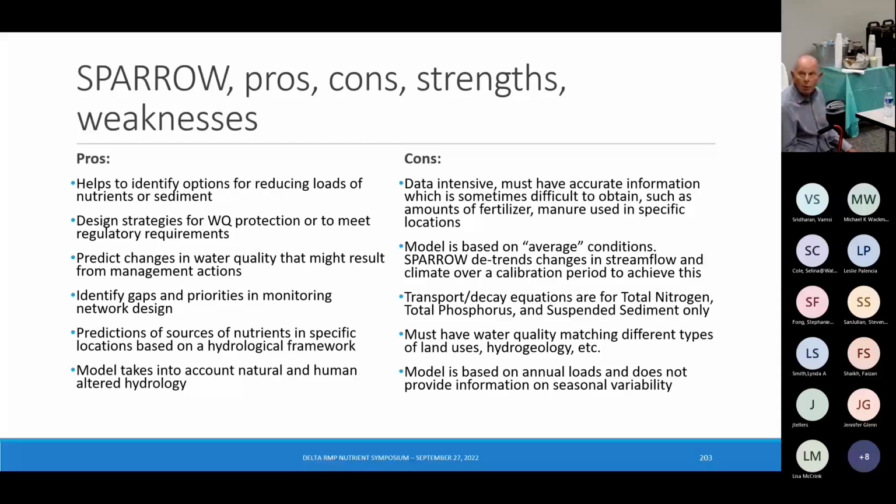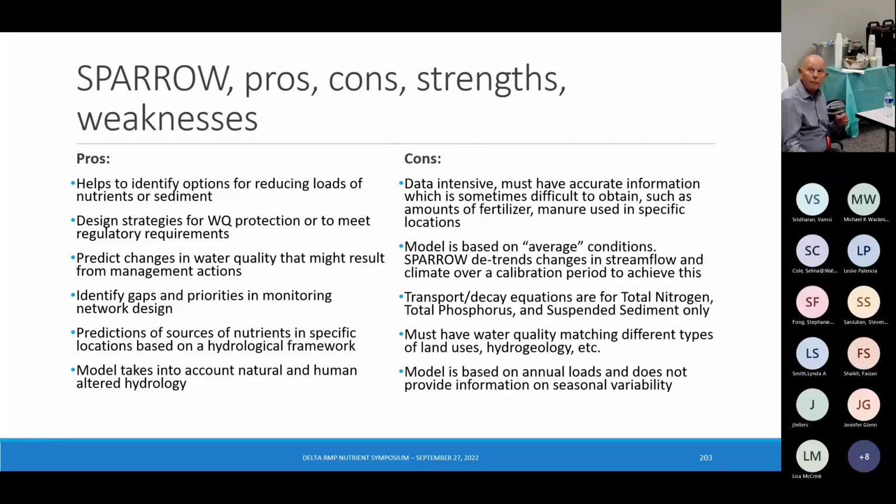As I mentioned, in SPARROW 1.0, we detrended conditions, we detrended loads based on average. And we didn't have seasonal variability. And then also our models are only based for total nitrogen, total phosphorus, and sediment. So we can't simulate ammonia, nitrate, and that sort of thing.